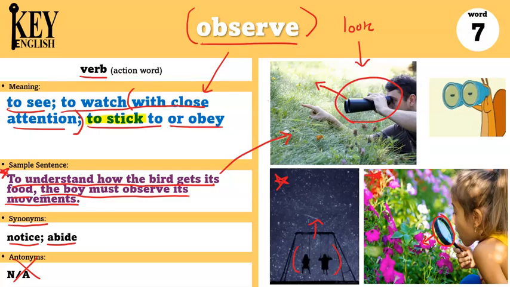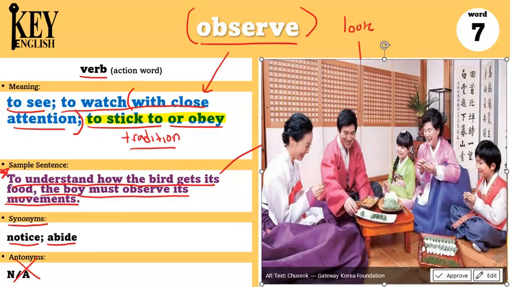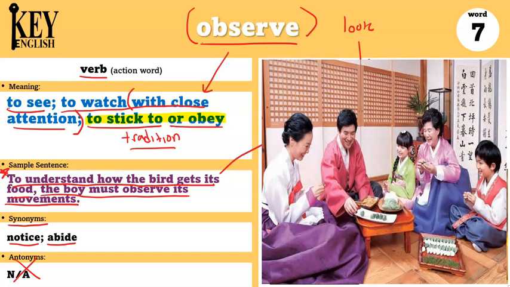Observe can also mean to stick to or obey. This meaning is talking about some sort of tradition or rule that people have to follow. For example, there are many people that observe Chuseok. They follow the tradition of Chuseok.